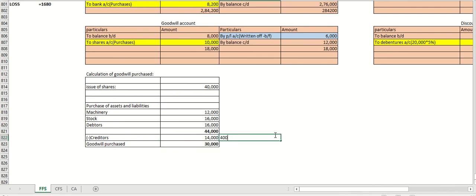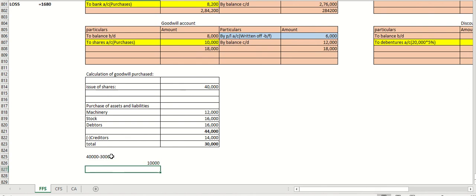40,000 is our issue, minus 30,000, which is our total. So which you are getting 10,000. So this 10,000 is nothing but your goodwill. So the balancing figure, if it is a positive balancing figure out of issue of shares, if you are purchasing, it's a positive balancing figure, that is our goodwill.